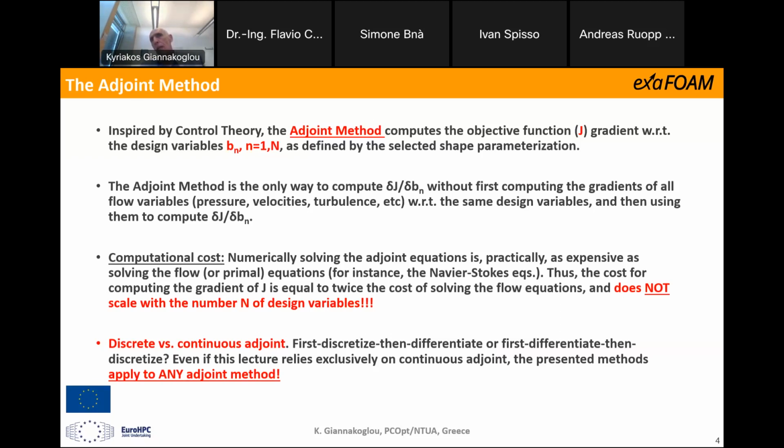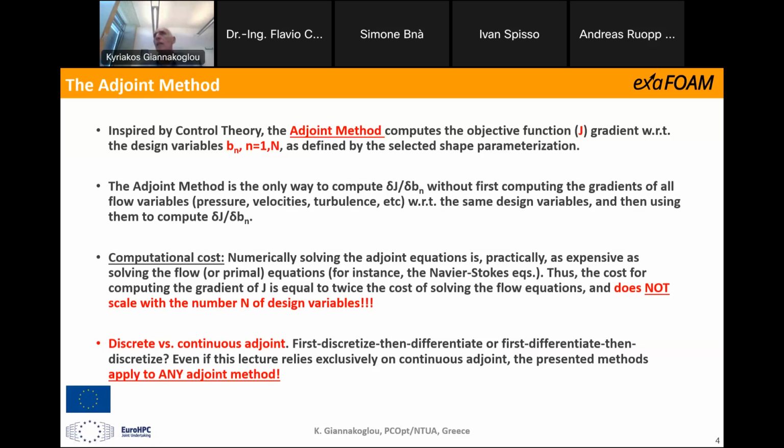There is a last point I want to discuss with you, which is whether we are going to use discrete or continuous adjoint. If you look in the literature, you will see that some people are using discrete adjoint, some other people are using continuous adjoint. The first one is the technique in which we first discretize and then differentiate our equations.